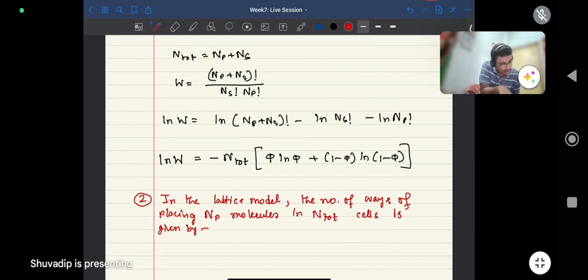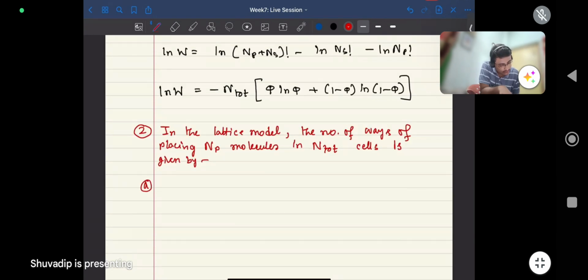So there are options. Option A: W is equal to Np minus Ns factorial by Np factorial Ns factorial. Option B: Np plus Ns factorial by Np factorial Ns factorial.